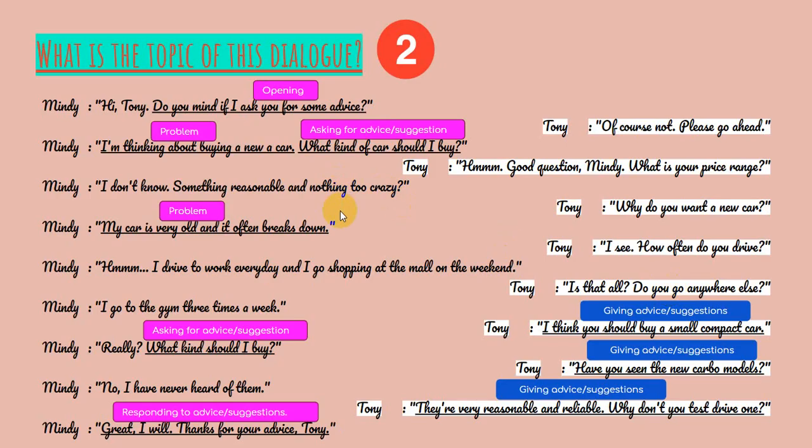Okay, over here, reasonable and nothing too crazy is the same as cheap. It's the same as affordable by Mindy. Okay, so it's not something expensive. And then how do you know that reasonable and nothing too crazy is related to something which is not expensive?